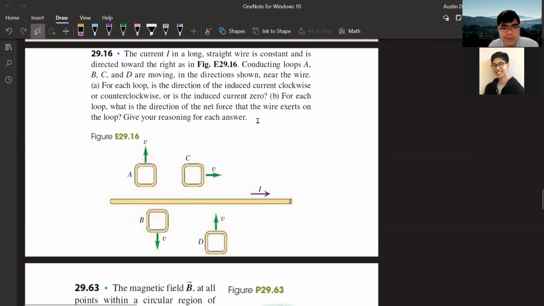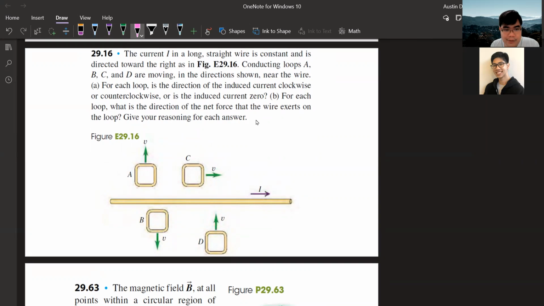Okay. So, tingnan muna natin yung mga directions ng magnetic field natin. So, yung pink na symbols would mean that these are coming from the current.